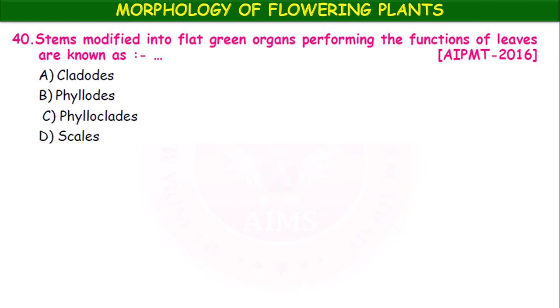Stems modified into flat green organs performing the functions of leaves are known as cladodes, phyllodes, phylloclades or scales. It is phylloclades, example Opuntia.